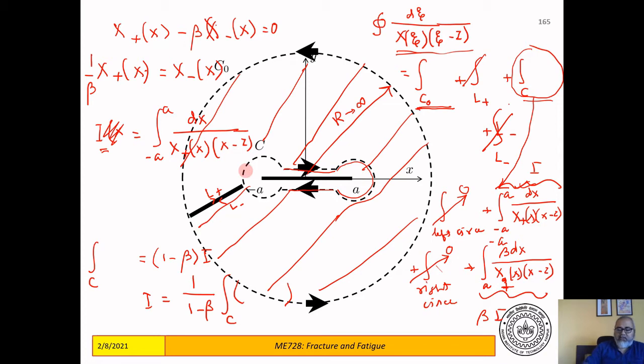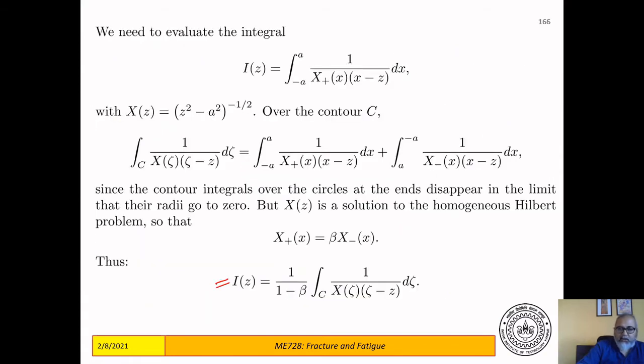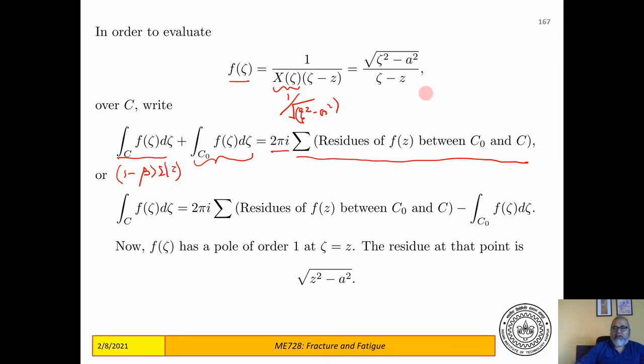So in this entire region, the residue of this function has to be determined. That, times 2 pi i, would be the result of this entire contour integral, out of which this part we have already derived in terms of our I(z).